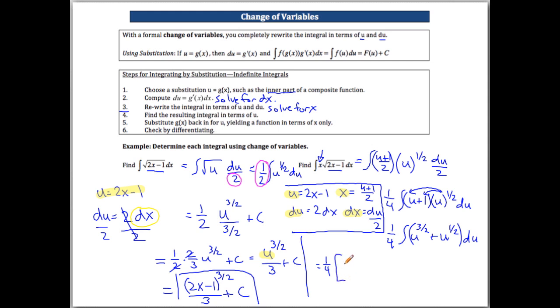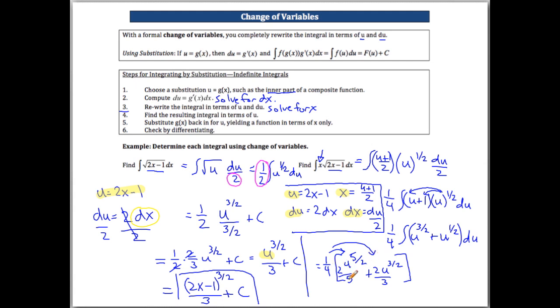Still have our 1/4 out there. So we'll have u to the 5/2, and instead of dividing by 5/2, let's just multiply by 2/5. And then u to the 3/2, and instead of dividing by 3/2, let's multiply by 2/3. Okay, and let's go ahead and distribute our 1/4 now to both of these terms.